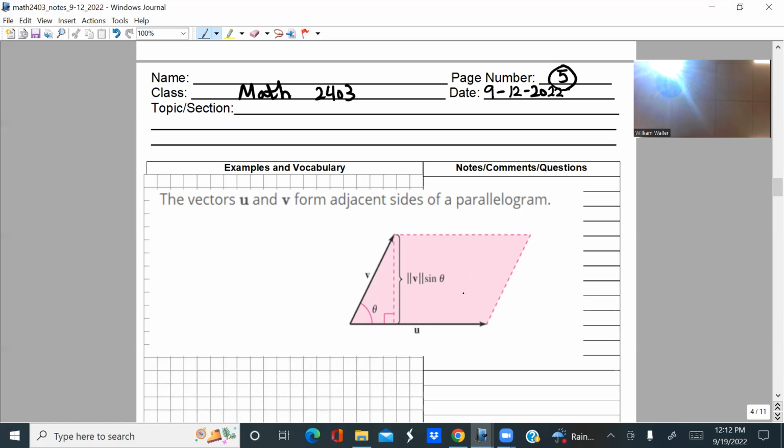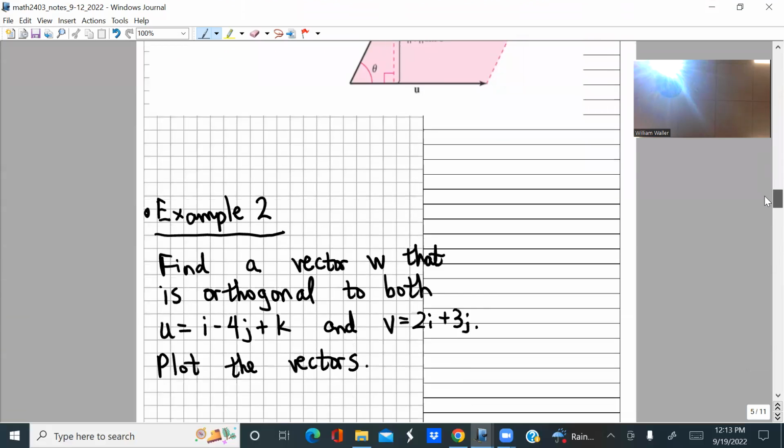But there's a formula from geometry for computing the area of a parallelogram. But this simplifies it nicely. So it's just the cross product of these two vectors. So the two adjacent sides of a parallelogram, if you think of those as vectors, you take their cross product, you'll get the area of the parallelogram.